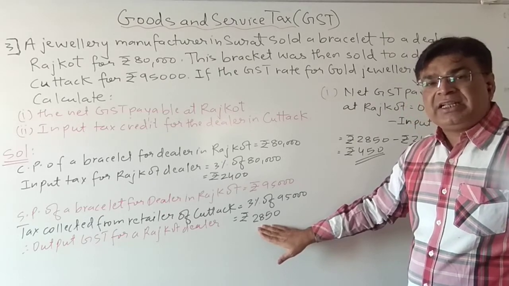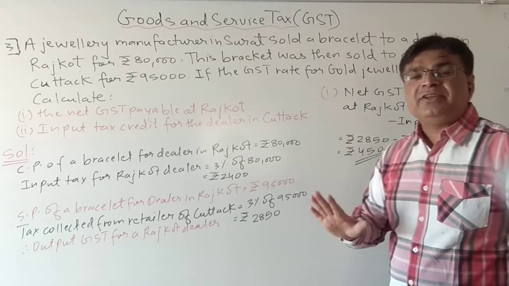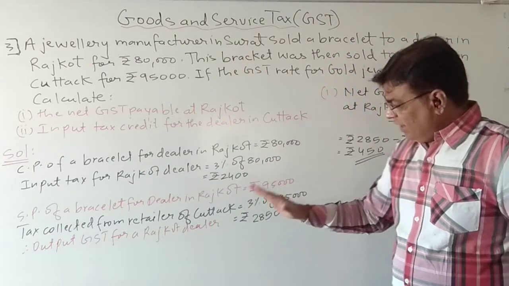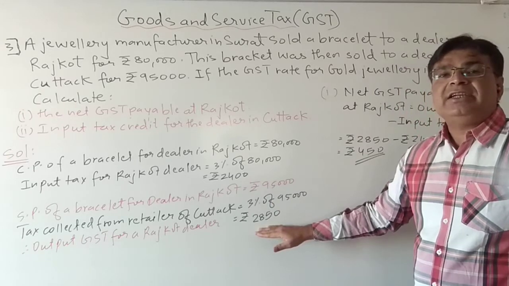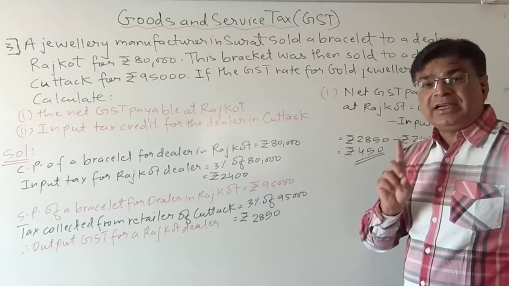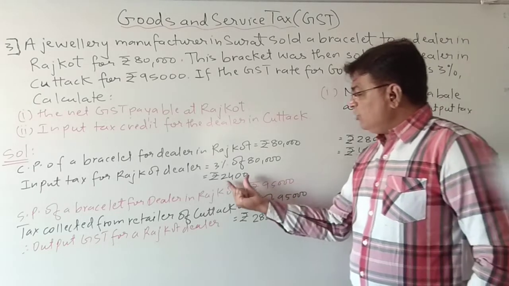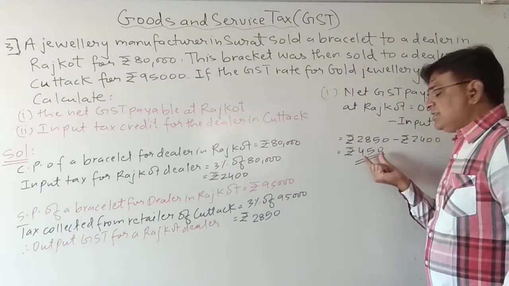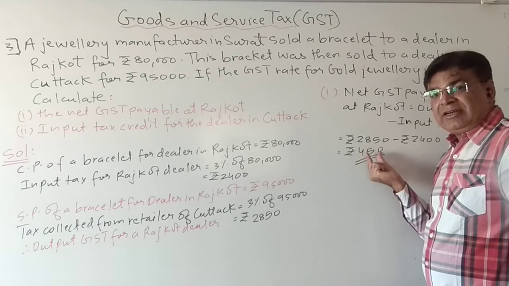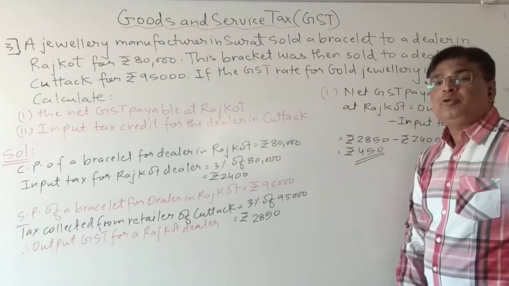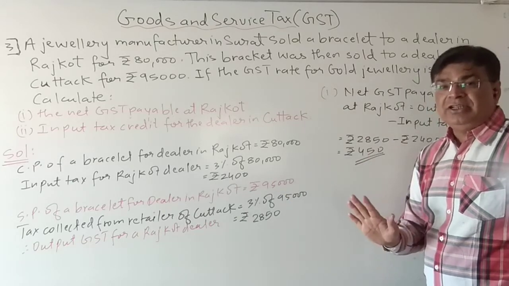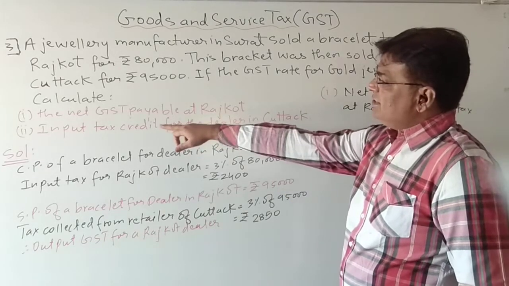So the government has to collect 2,850 rupees only, whatever is the final tax that the government should take. So the final tax is coming over here 2,850. So the government is not getting any kind of loss. He is getting 2,400 from the dealer, and again the balance amount which is to be paid, that also is getting. So the government is getting 2,850 amount only.